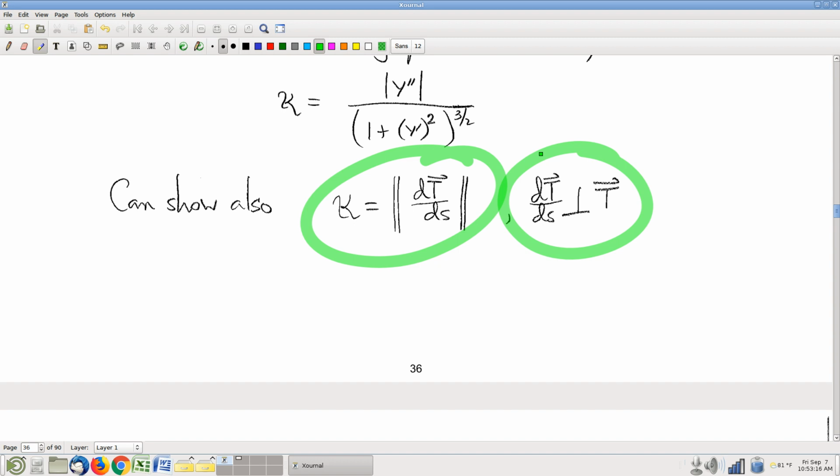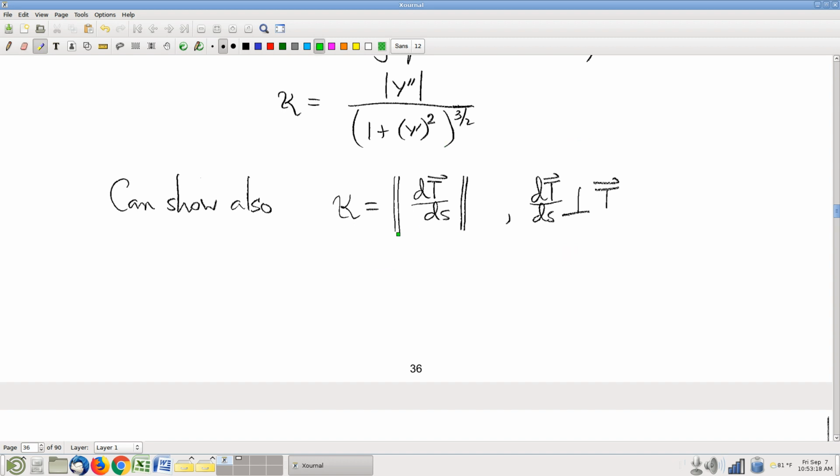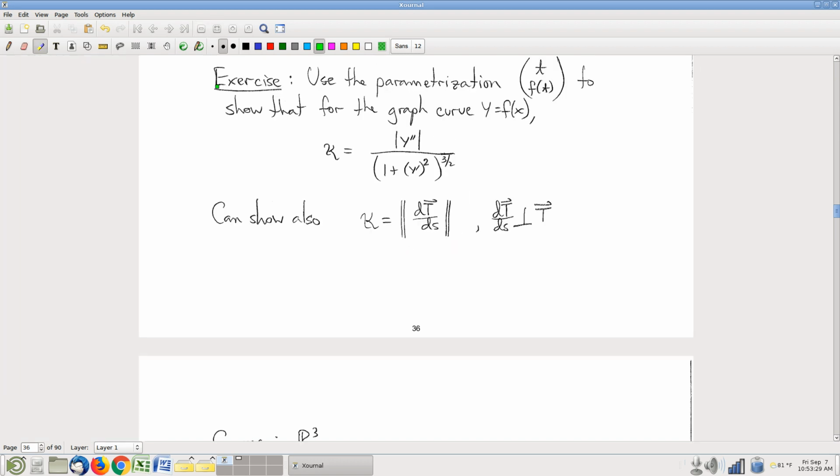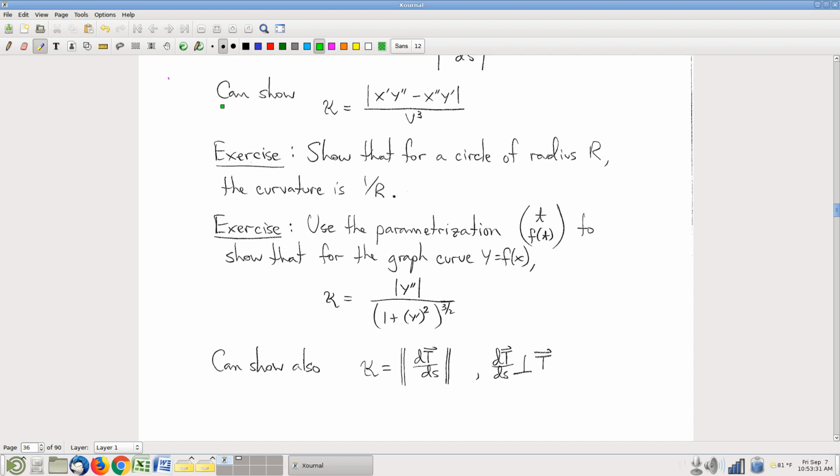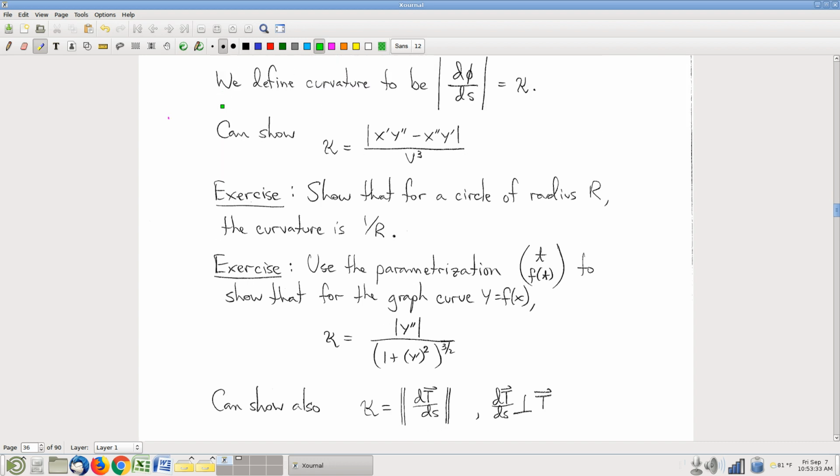But curvature can be reconceived as the magnitude of the rate of change of the T vector with respect to distance. Let me give you a very quick plausibility argument for that. If you think about it, angle and the unit tangent vector are just two different ways of representing direction.